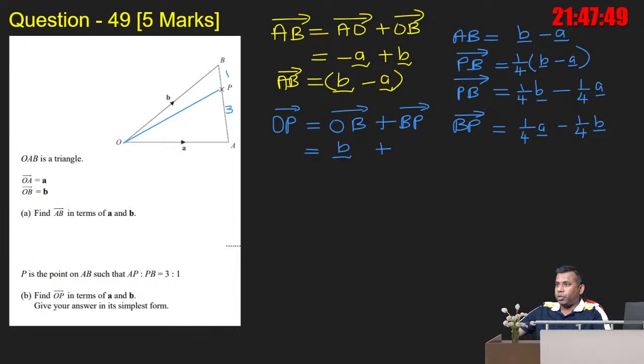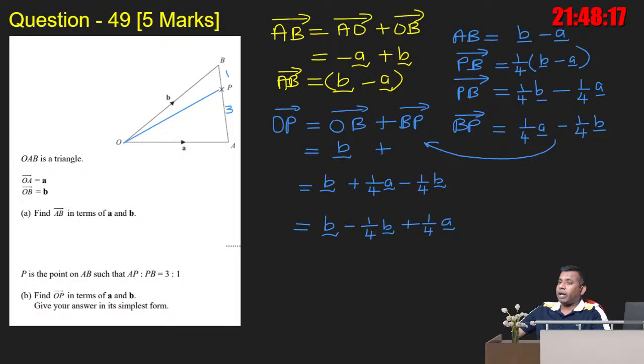I'm going to substitute this one into this one, right? So that is B vector plus quarter A vector minus quarter B vector. So this is going to be B vector minus 1/4 B vector and 1/4 A vector.